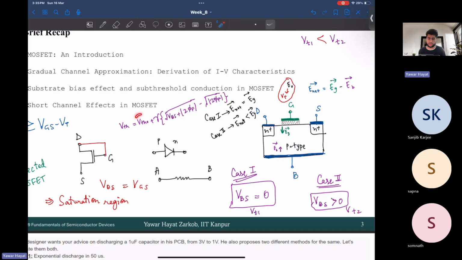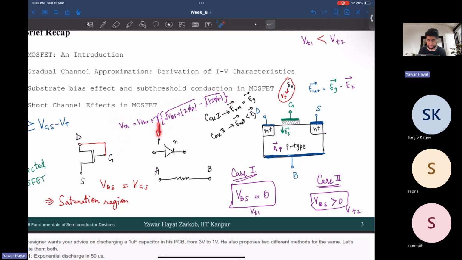Here this VTH naught is the threshold voltage in absence of substrate bias effect. And gamma is the body factor which we saw in the previous session as well. Gamma is the square root of 2 q epsilon NA divided by Cox.